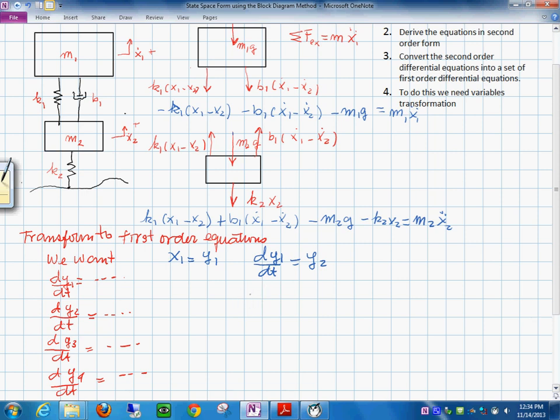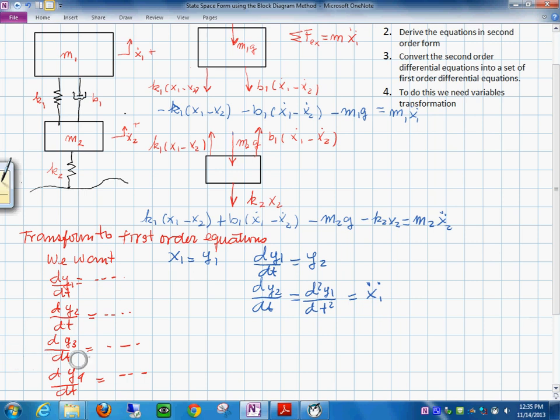But remember, we need dy1, then we need this 2. We need that dy sub 2 dt is equal to what? This will be d squared y1 dt squared, which is equal to x1 double dot, right?